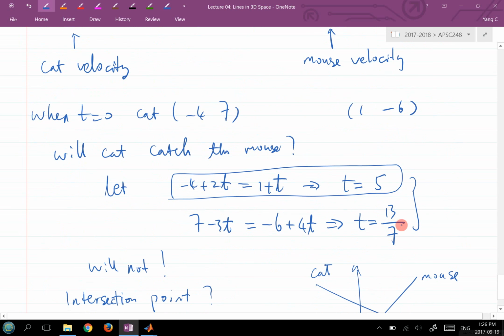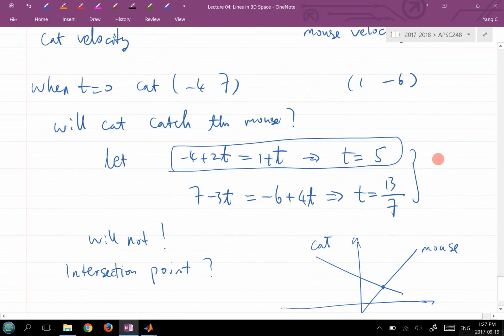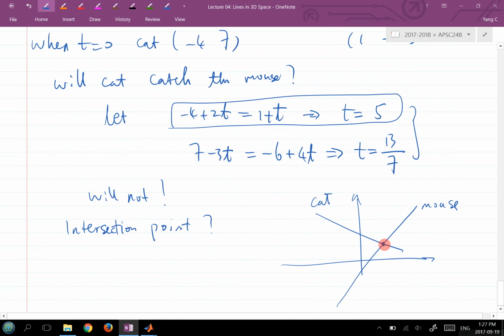But you see, what I just mentioned here, this t is a time. We understand now the t here is a time instant, isn't it? This is basically 2 different time instants. You see that, right? Yeah. But does this mean that at this time instant the cat or the mouse is at the intersection point?